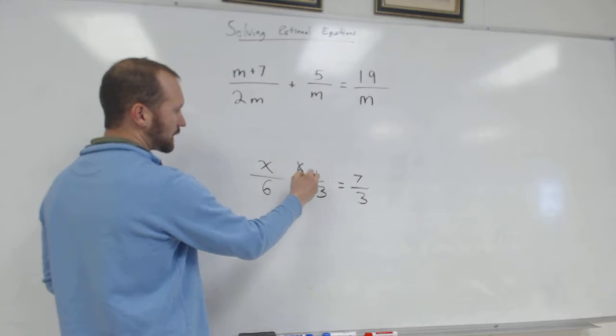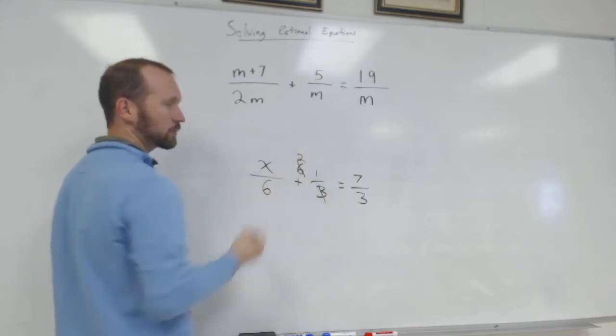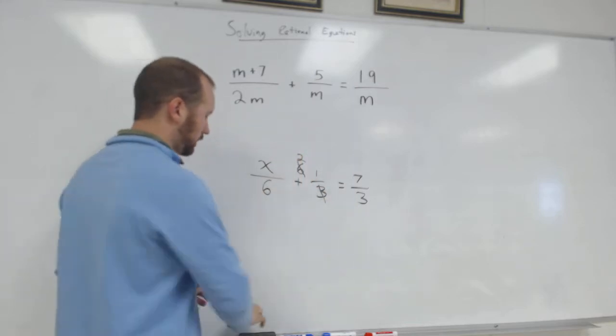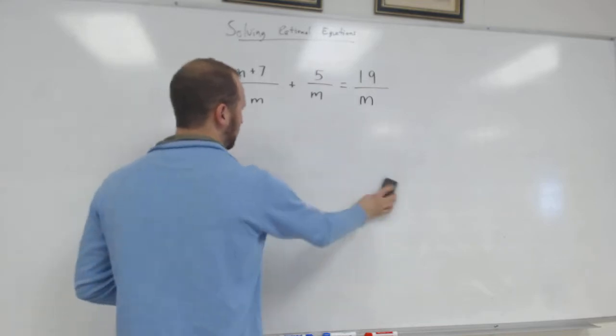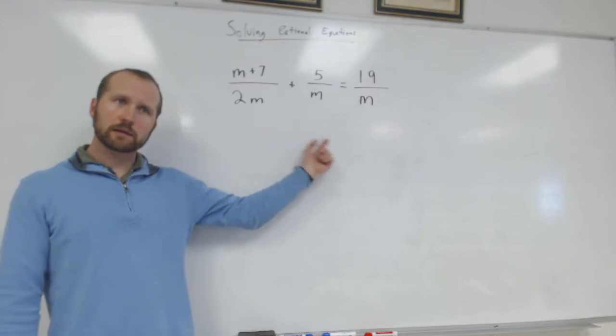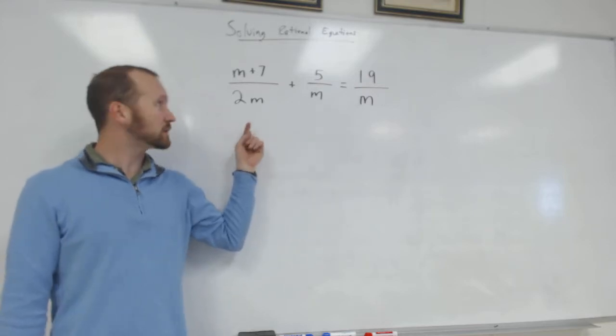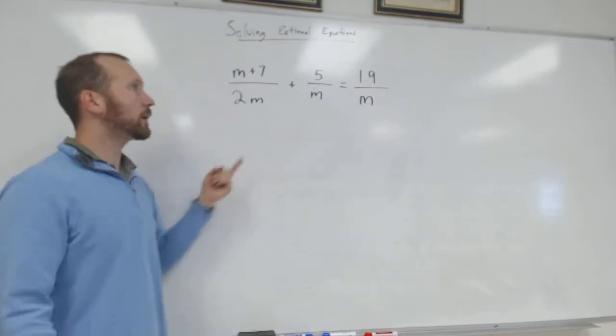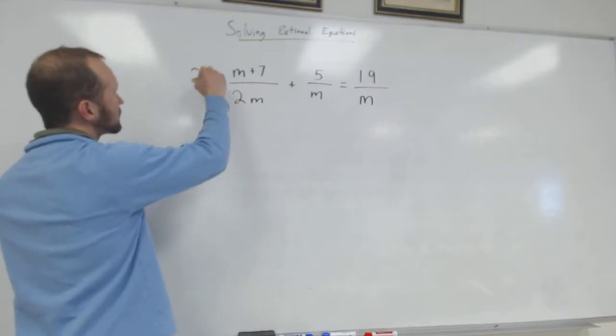And when I multiply this times 6, it became 2. So I would have been left with that 2. So in this case, I'm multiplying by the least common denominator, which is 2m.